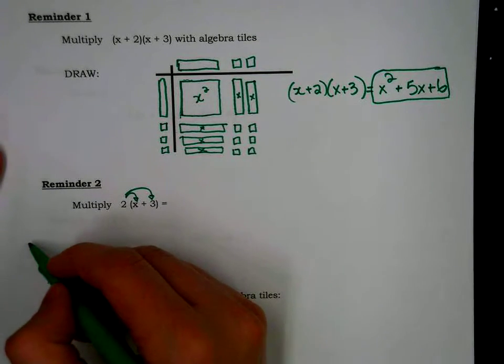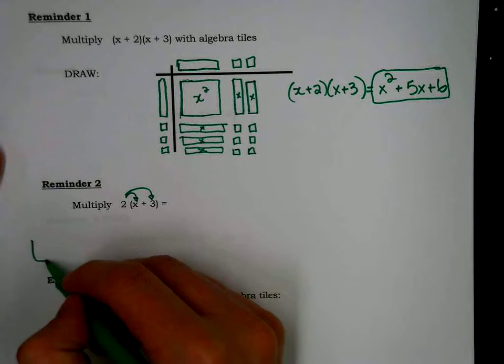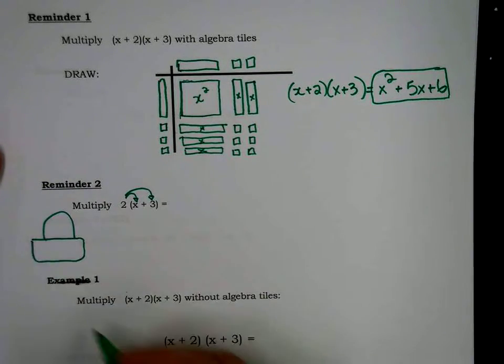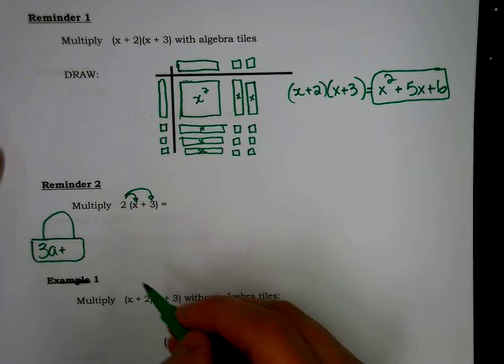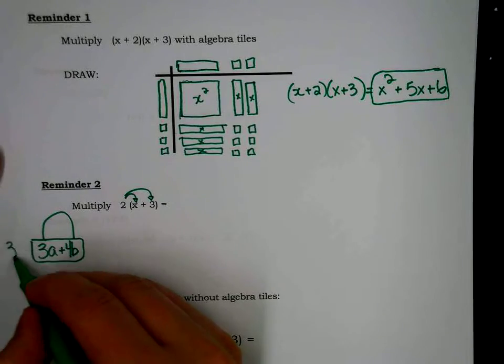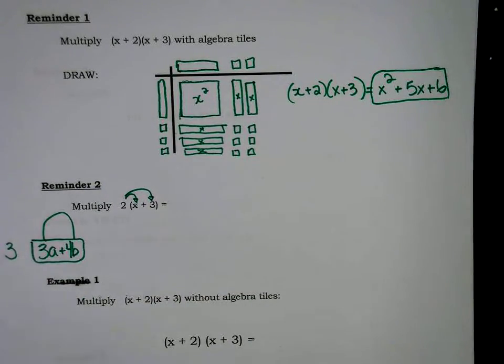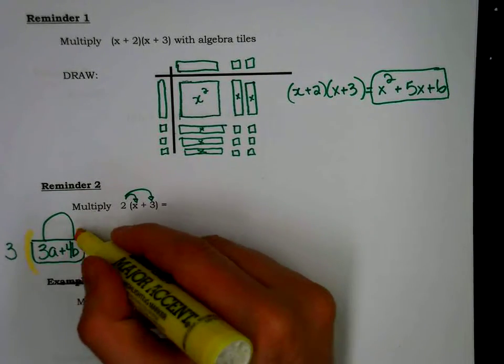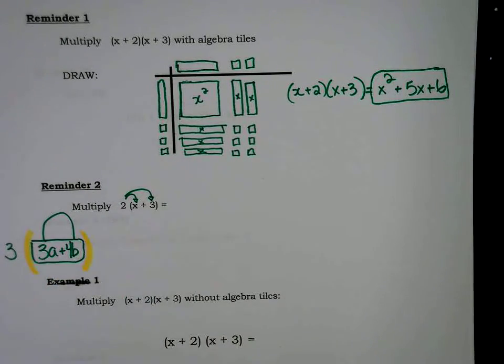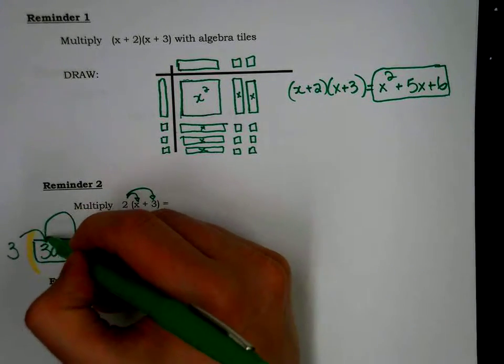Pretend for a moment, again going back to this example, you had a basket with 3 apples and 4 bananas, and if you had 3 of these, it really is considering this as a bracket, with a 3a and a 4b being multiplied by a 3.